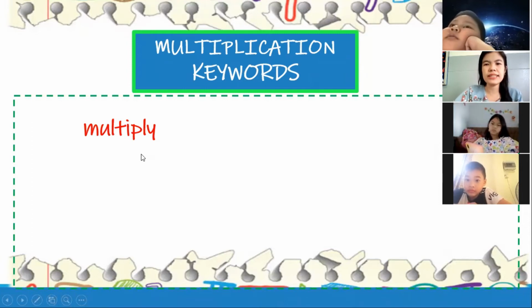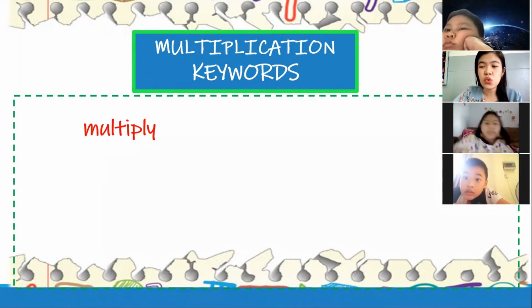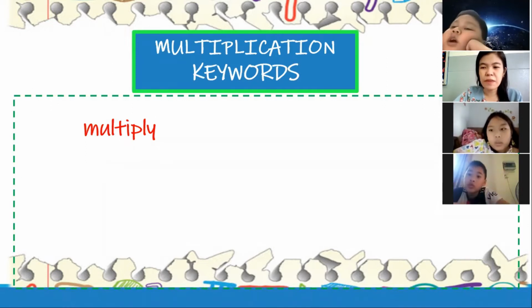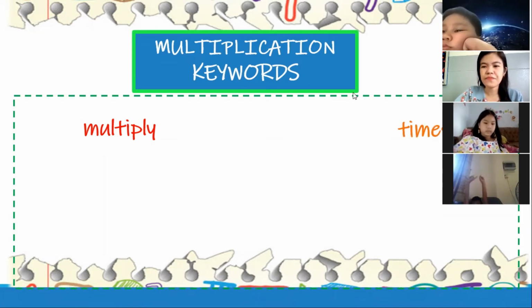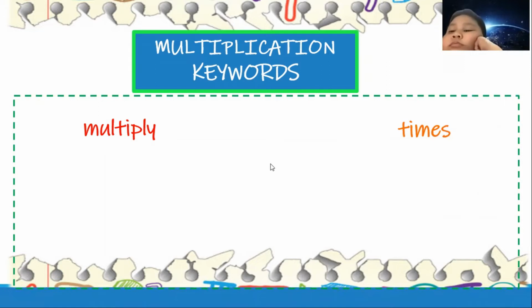What does it mean in Thai? Is that correct? Cool. The next word we have is times. That's right. And the next word we have is twice. What does it mean? You have two times. It means twice, 2 times.